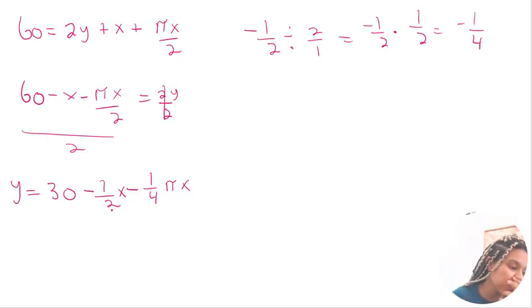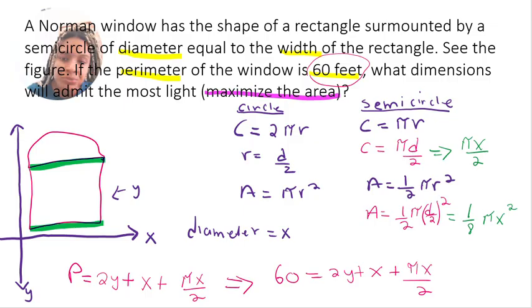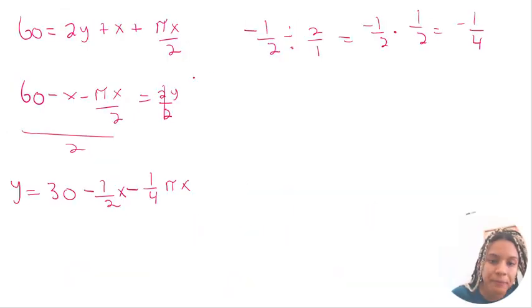Okay, so what do we know? We know that the area, let me see if I have that here. We know that the area is 1/8. I have it written somewhere here. Yes, so we know, let me write that down.